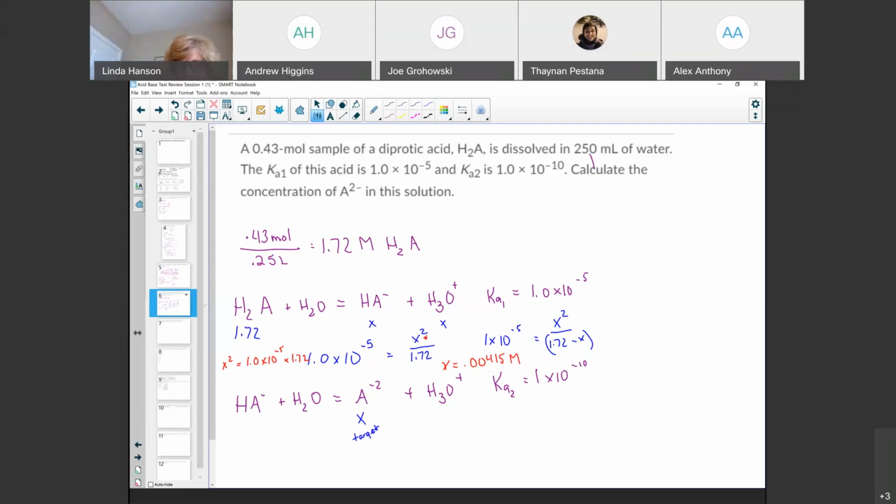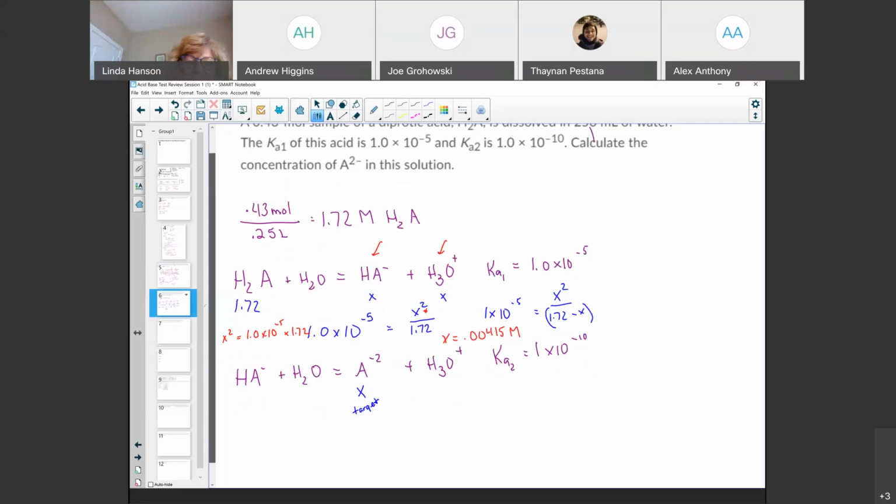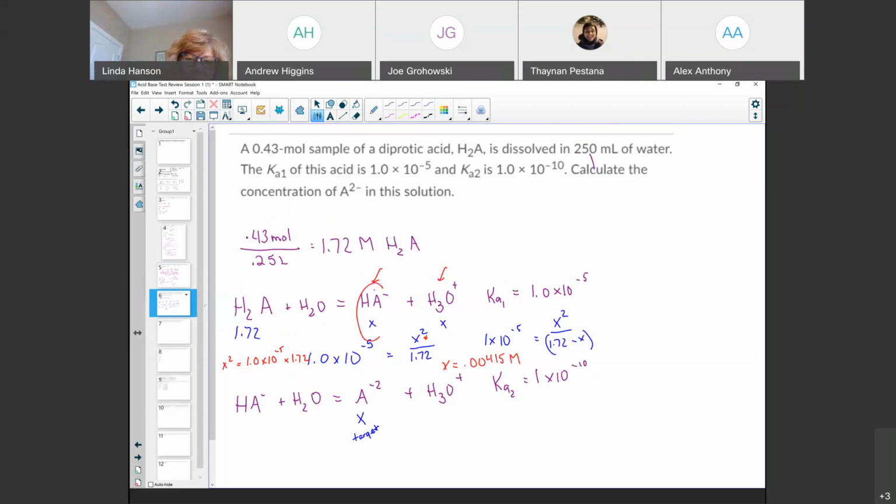Now remember what X stood for. X stands for the hydronium ion as well as HA-, right? Those are the same number in this solution. So when I come down to the second ionization, the value of HA- and the value of hydronium are exactly the same number. We found them to be 0.00415.